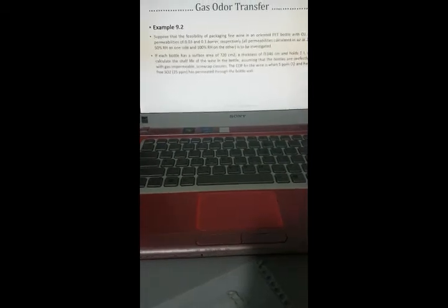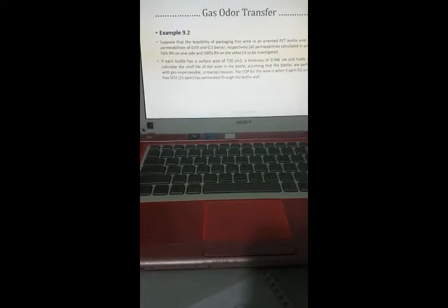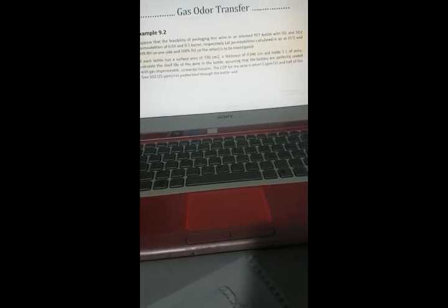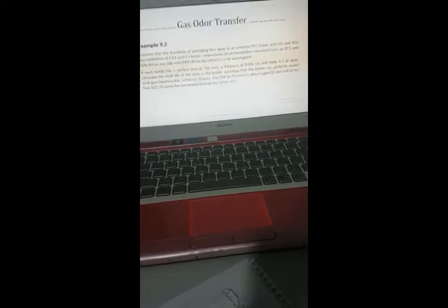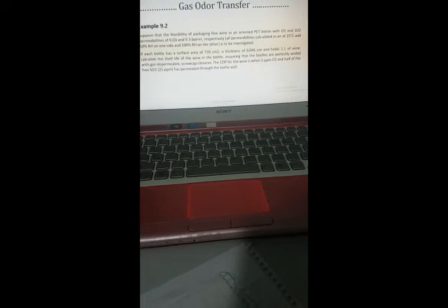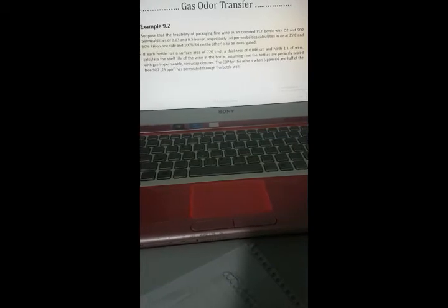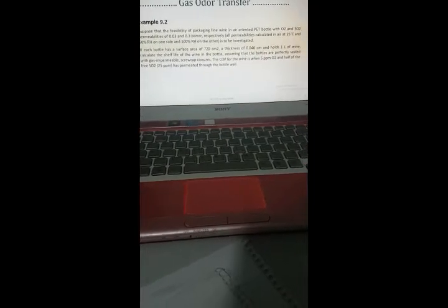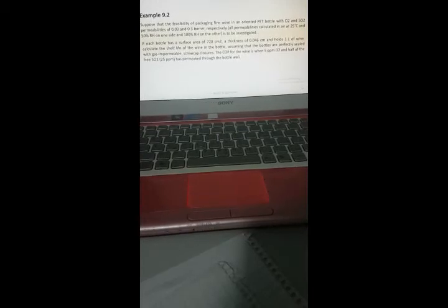If each bottle had a surface area of 720 centimeters square, a thickness of 0.046 centimeter, and holds 1 liter of wine, calculate the shelf life of the wine in the bottle, assuming that the bottles are perfectly sealed with gas impermeable screw cap closures. And the critical wine values are 5 ppm for oxygen, and when half of the free SO2, which means the critical value is 25 ppm, has permeated through the bottle wall.